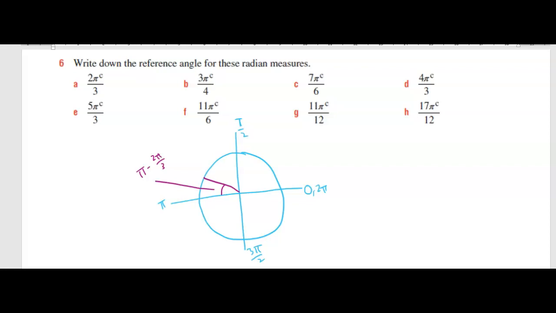Now, if it helps, you can convert pi into a fraction with a denominator of 3. So that would be 3 pi on 3. So you're left with just pi on 3. So pi on 3 is your reference angle. And we don't have to do any more than find the reference angle.